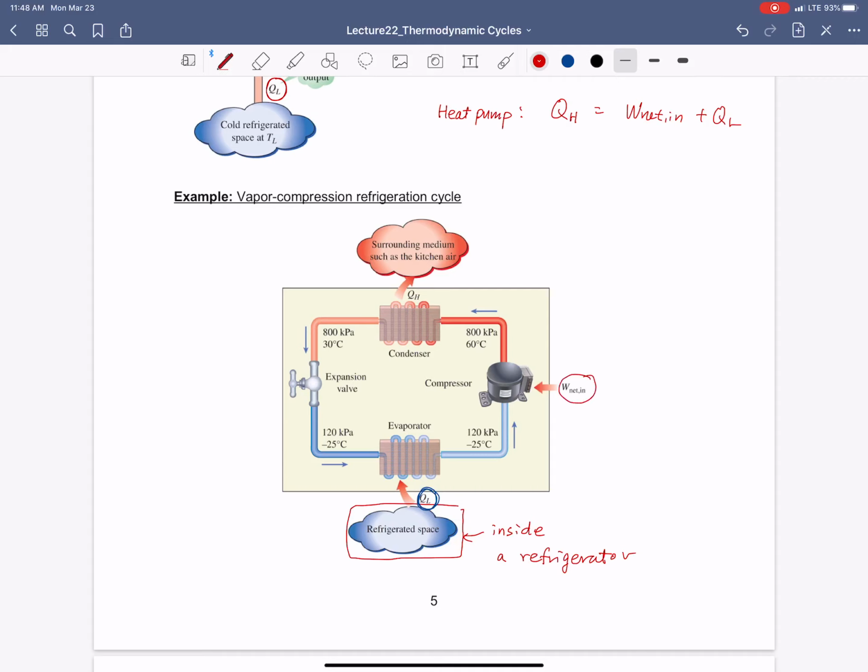Then this refrigerant becomes hot and goes to the condenser, and the refrigerant vapor is condensed. And the heat that is rejected during the condensation should be transferred out to the warm environment, which in this case is, let's say, the kitchen.